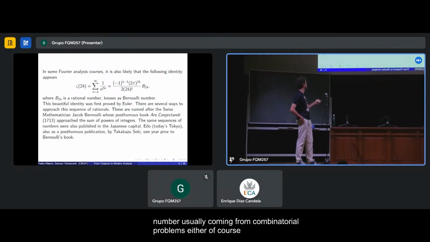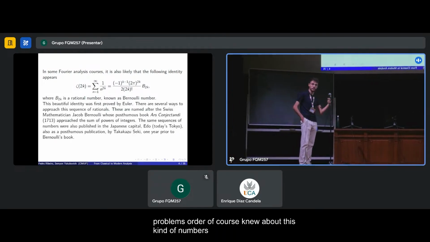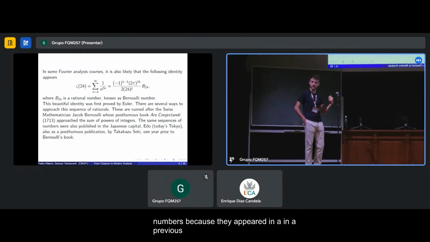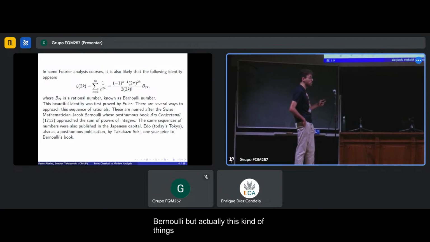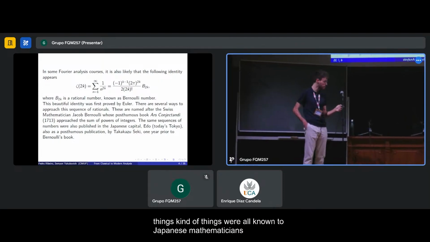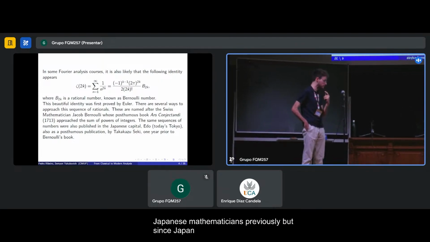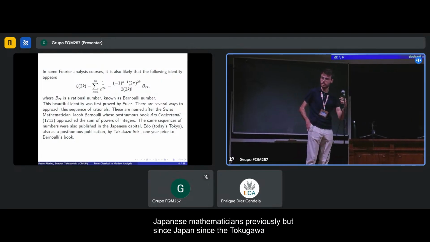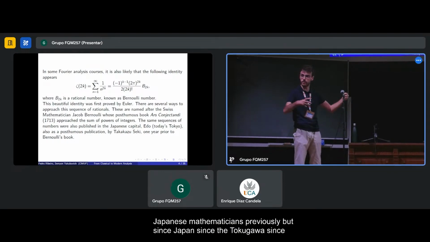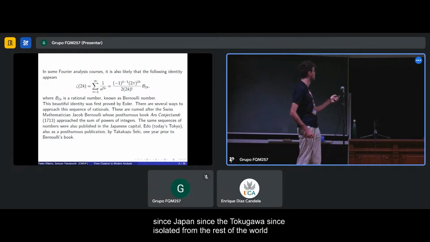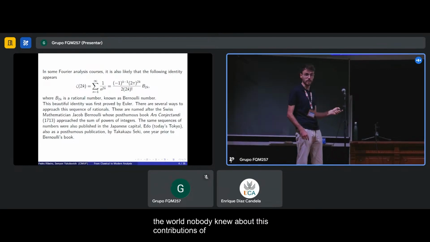Euler, of course, knew about these kind of numbers because they appeared in a previous book by his mentor, Jacob Bernoulli, but actually these kind of things were known to Japanese mathematicians previously. But since the Tokugawa shogunate was isolated from the rest of the world, nobody knew about these contributions of Takakazu Seki.